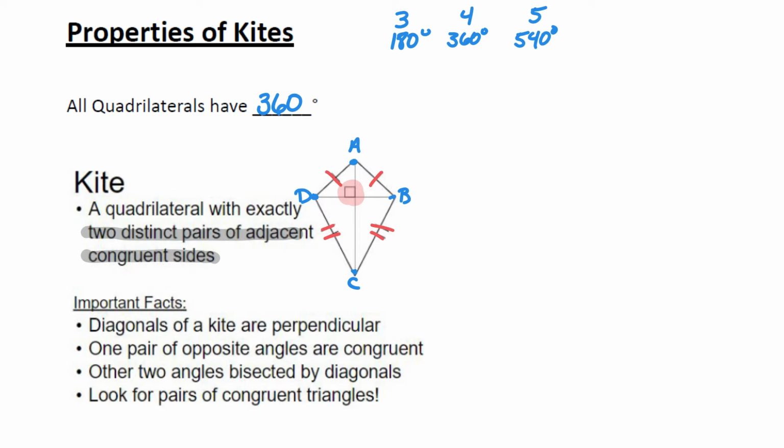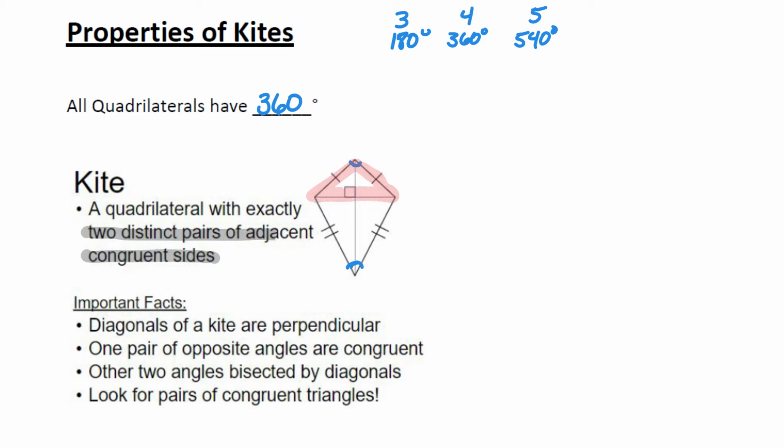One pair of opposite angles are congruent. A lot of times this is very clear to see, like in the figure that we are looking at. We can clearly see that this angle, if we're talking about the north end, is definitely larger than the south end. And then we can see that the east and west, so to speak, are potentially the same. But we can also see that we have essentially two isosceles triangles laying on top of one another.